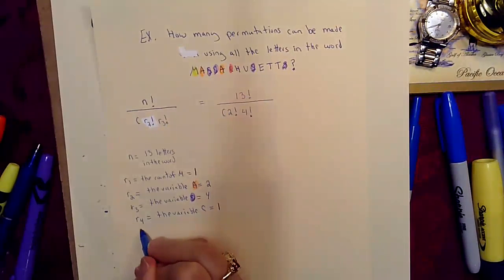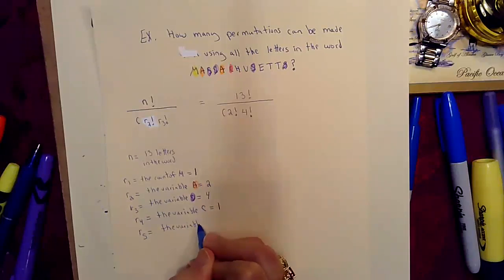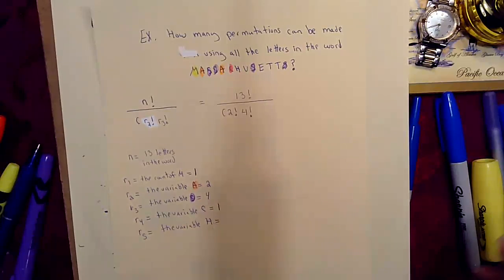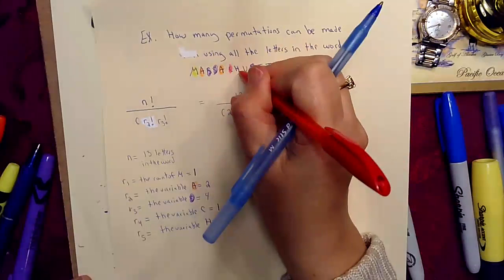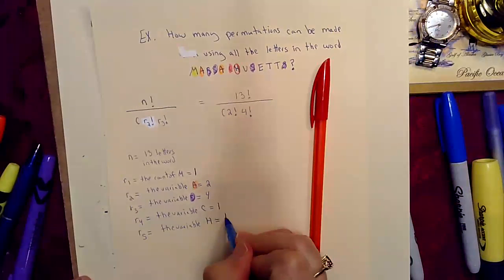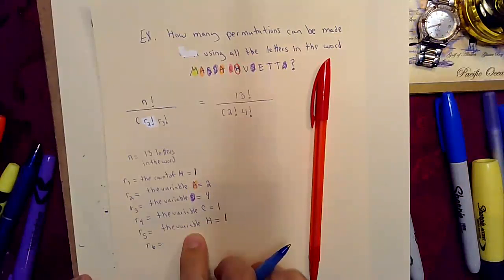So R sub 5 is equal to the variable H. How many H's do we have? 1 here. That's it. R sub 6 is equal to, and we already know variable. If you don't want to put the variable, then you got the gist of it.